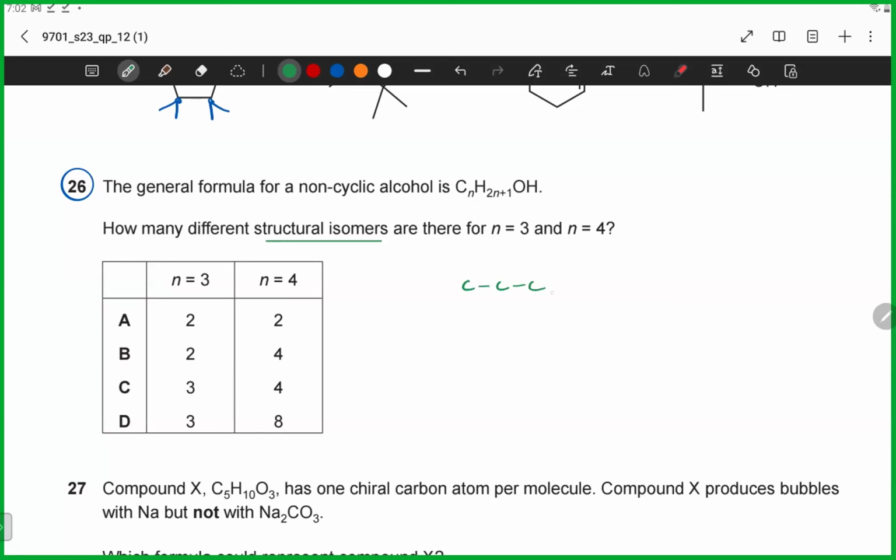You can't have chain isomers, तो OH या तो यहाँ पे होगा या फिर OH would be on the second one. तो इसका मतलब है it's इन दो में से कोई. तो it all depends on n is equal to 4. I think B.